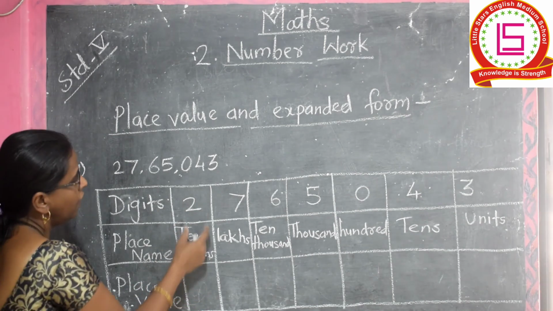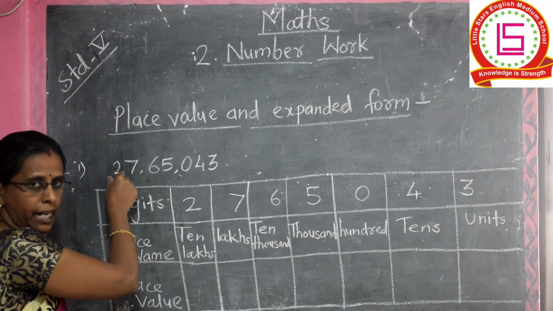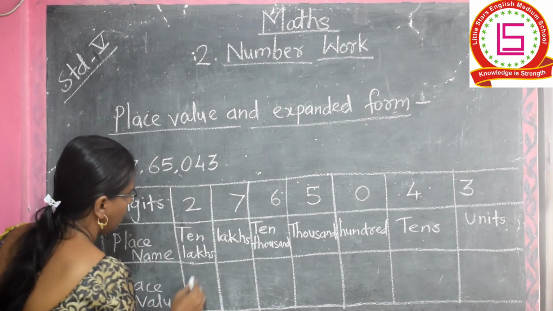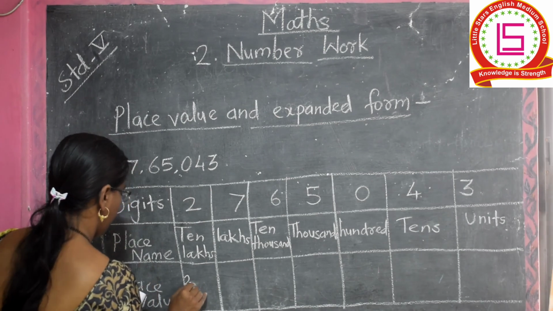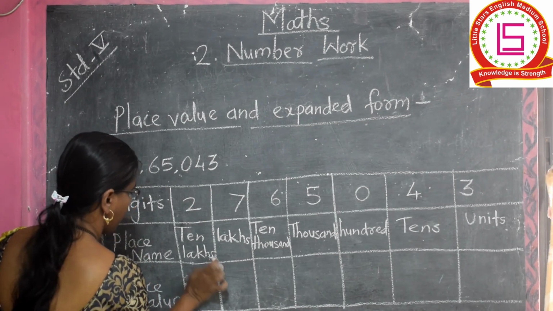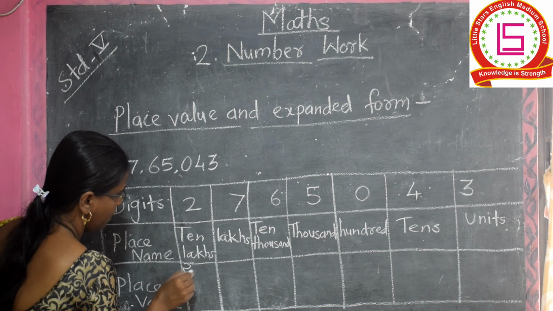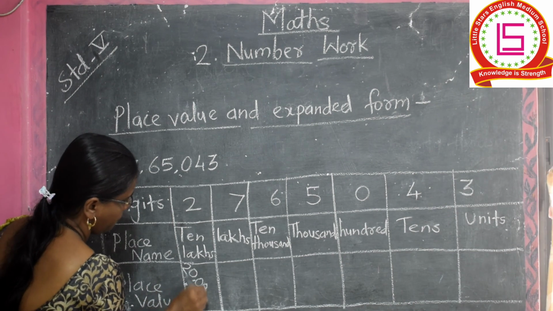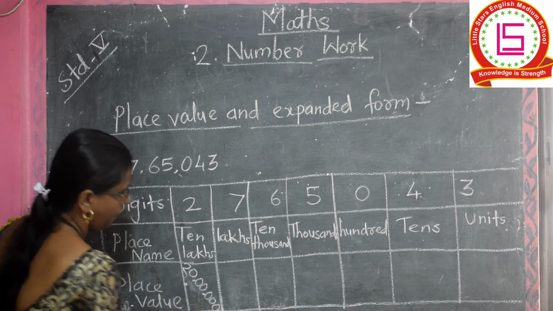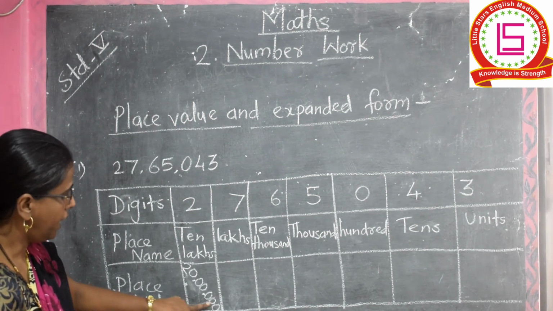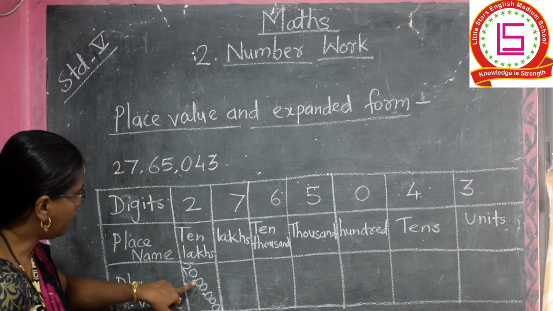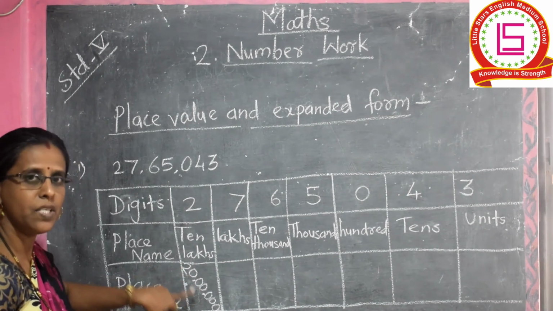See here, this 2 is present at 10 lakhs place. So place value of this 2 is 20 lakh. We write like this.